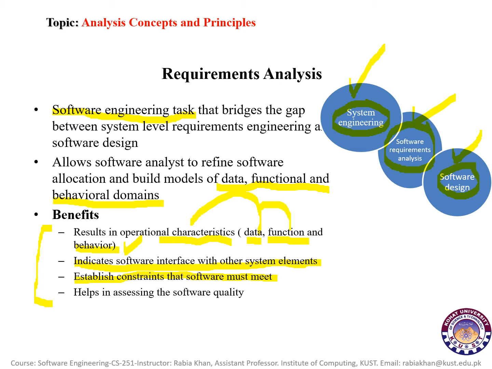For example, the data design, what sort of data should be provided; the architectural design, the layout of the system; the interface design, how different components need to communicate with your system; and the component level designs, how different functions, components, and units within the software need to be integrated to develop a complete software.